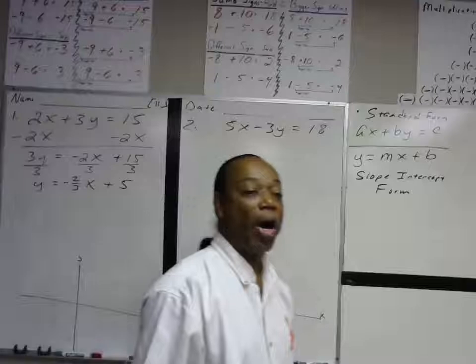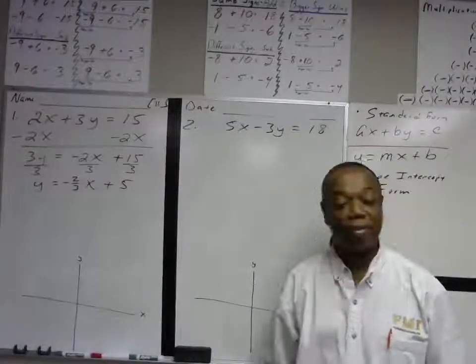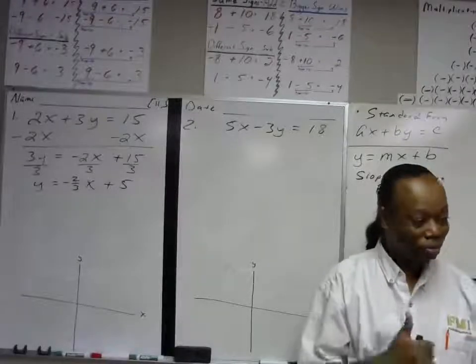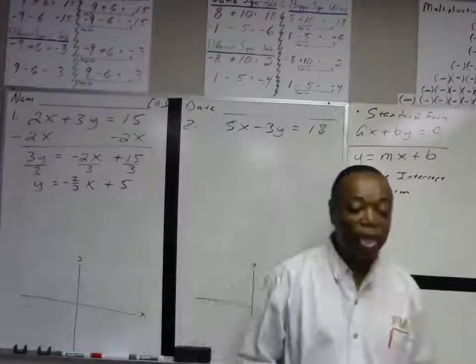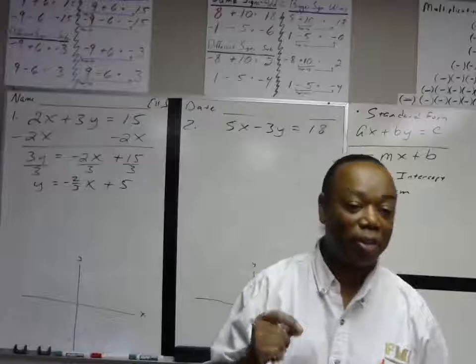So we have y equals negative 2/3 x plus 5. Very familiar equation. Exactly right. We're now in slope-intercept form. That means we can go ahead and start the process of graphing.